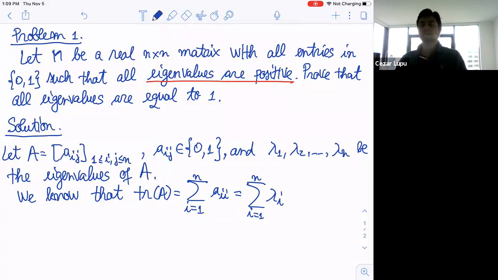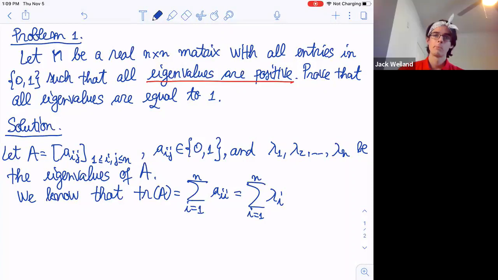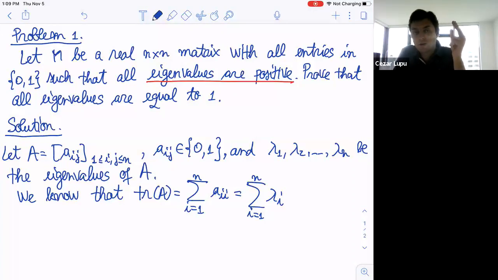What is the least possible value for the trace? When all the elements on the main diagonal are 0, correct? So all the a_ii are 0, and in that case the trace will be 0. And what is the largest possible value? It's n, correct. This will happen when all the elements on the main diagonal are 1.